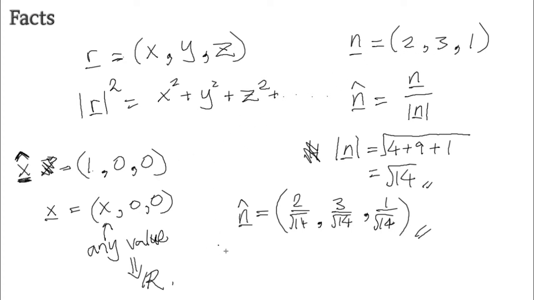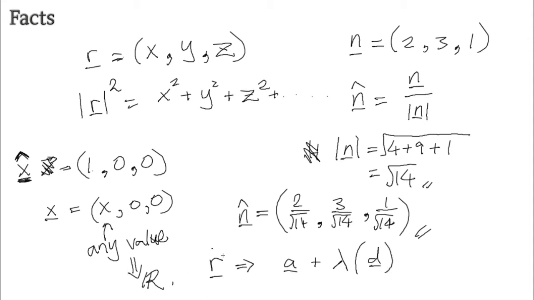So for any arbitrary vector r, you can always say that it is a vector a at a distance lambda along a direction d.